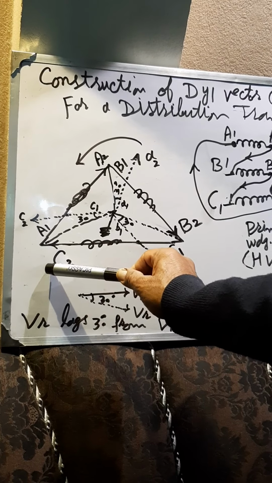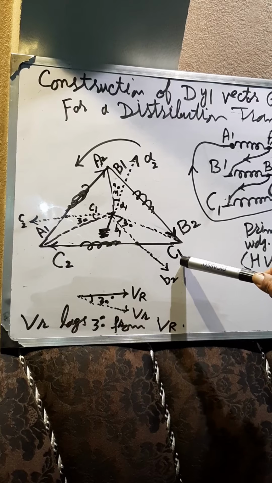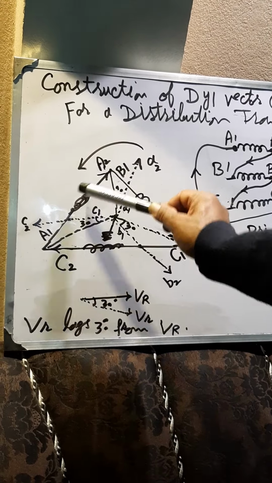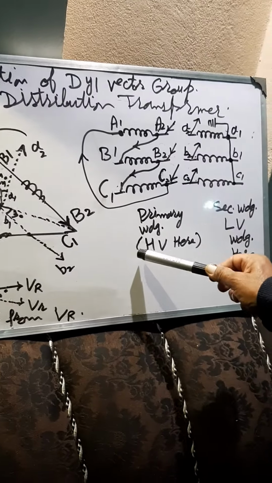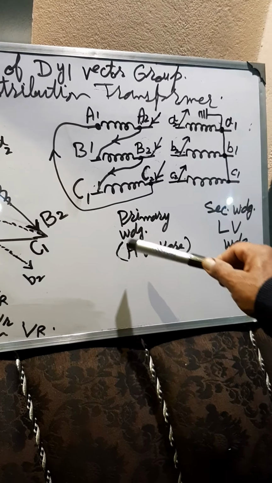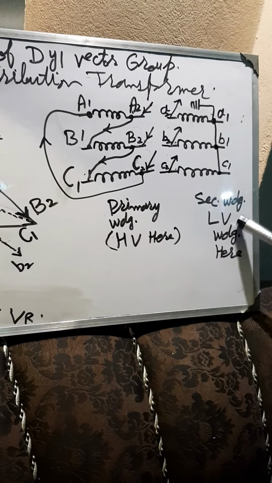So the blue phase vector is terminating here, and similarly the blue phase is starting from here, this C1. So C1 to C2, A1 to A2, and B1 to B2. I have constructed this here. This is the primary winding, as it is HV here, of the distribution transformer, and this is the secondary winding vector.